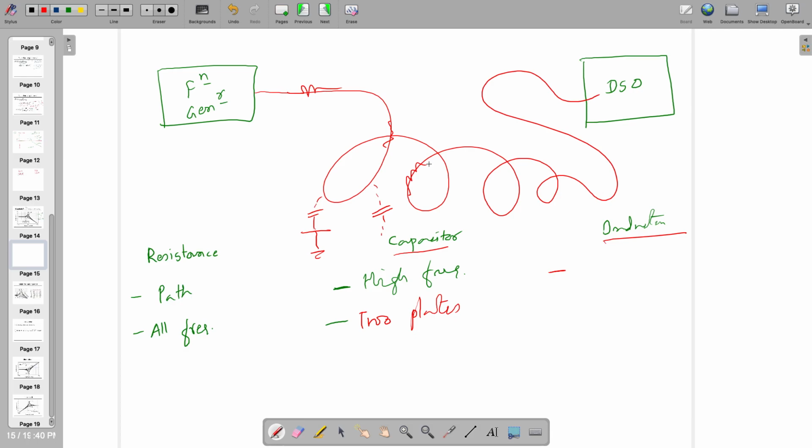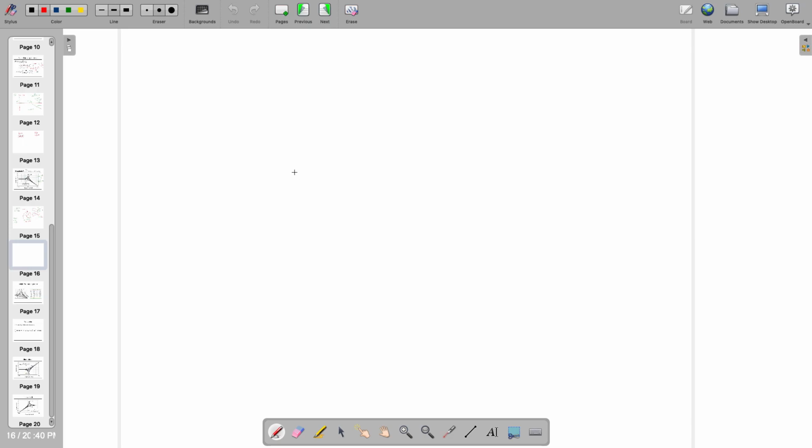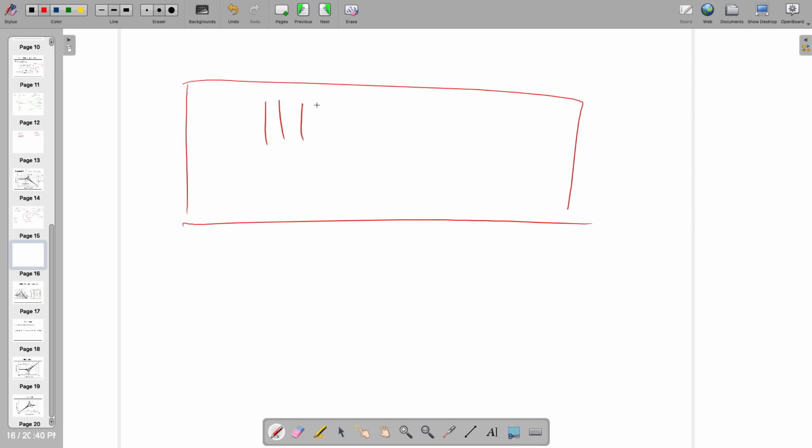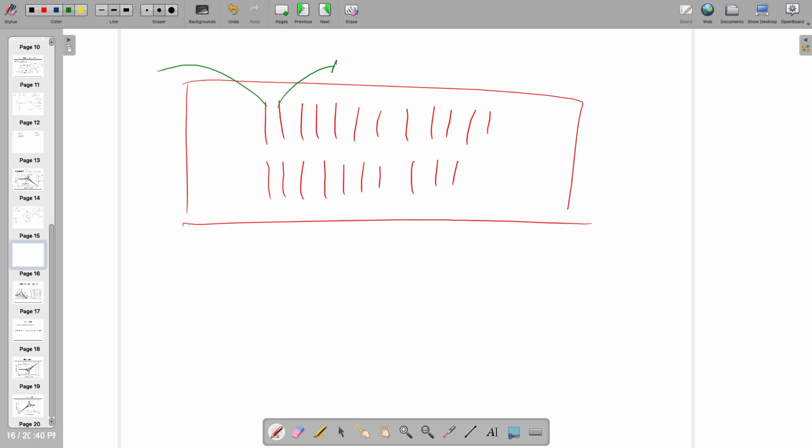If you want, there is one experiment we can do on a breadboard. There are many plates, right? Vertical, horizontal. You can choose any one of them. Let's make this one ground, and let's connect this one using a wire. It's up to how creative you are and how big a ring you want to make. Some people like a star connection.